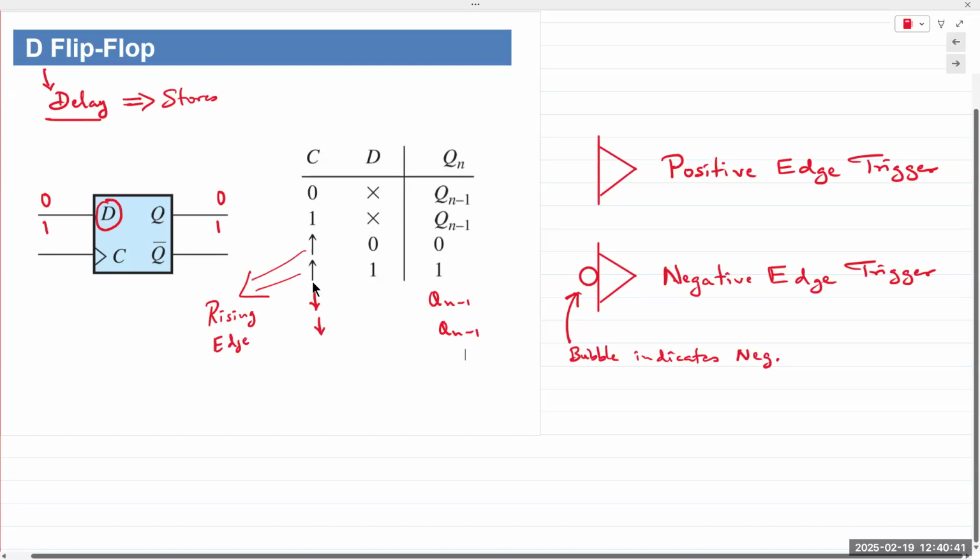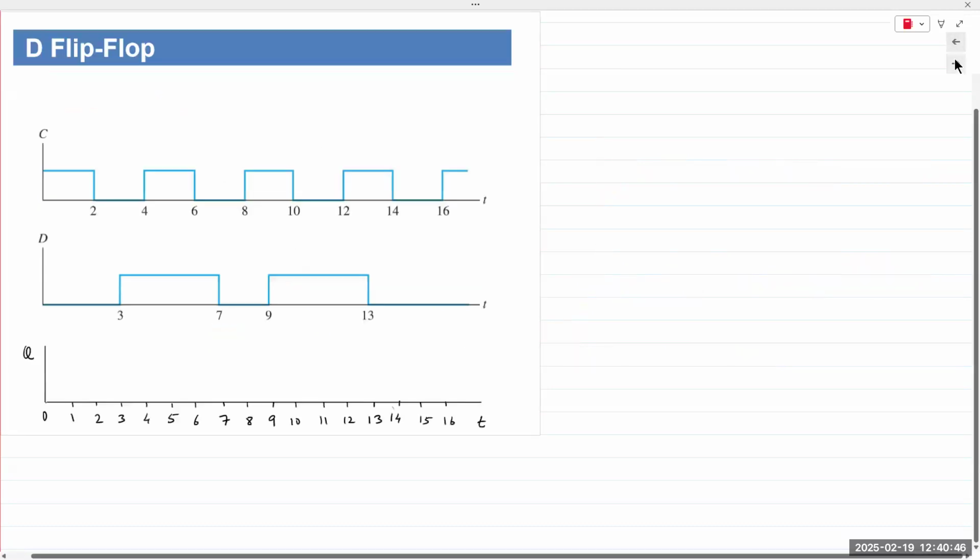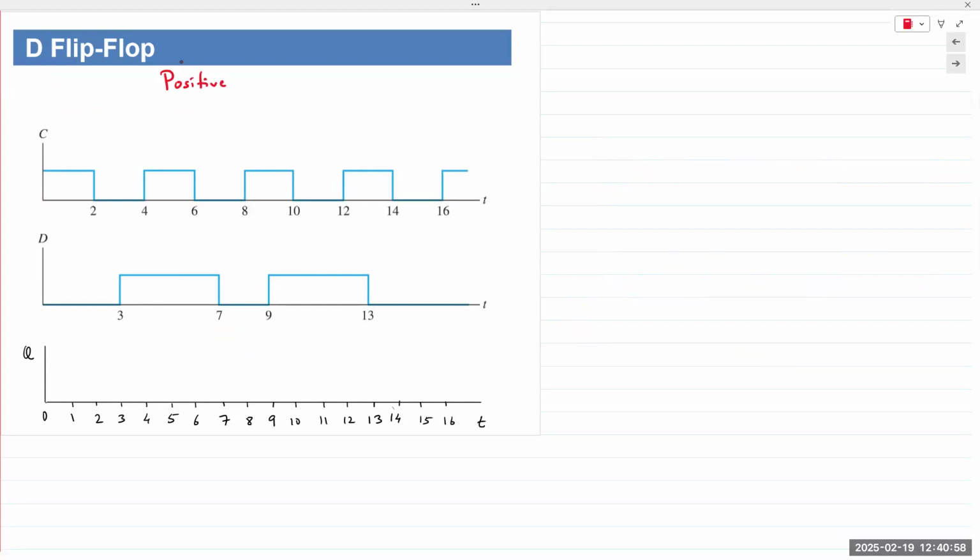So let's look at an example. Let's say we have a positive edge triggered D flip-flop. And we are given the timing diagram for the clock and the D input. Positive edge triggered D flip-flop.